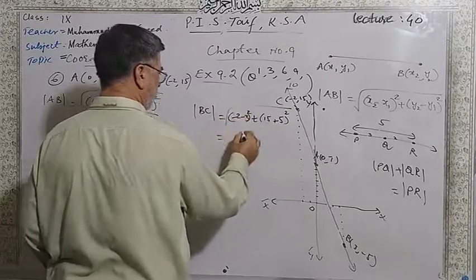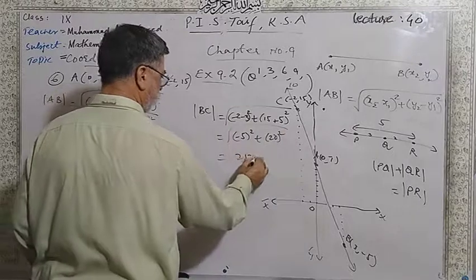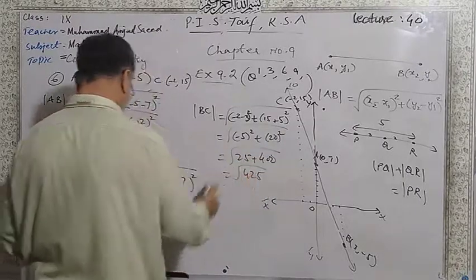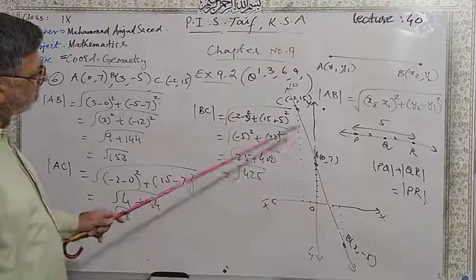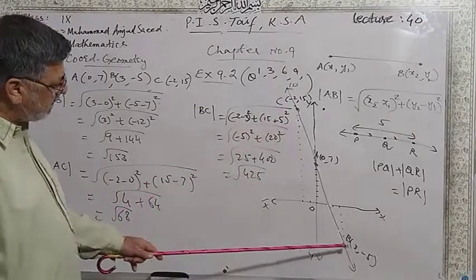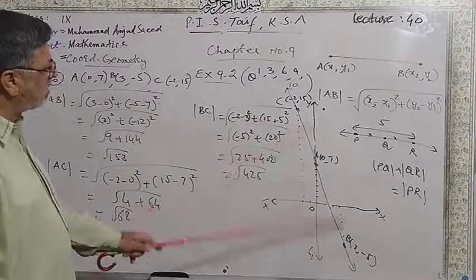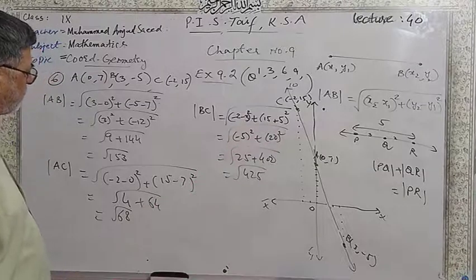That is -5 square and 20 square, so 25 plus 400, that will be root 425.